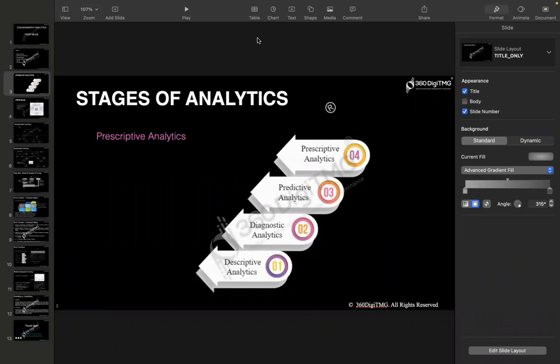The definition of prescriptive analytics is the use of advanced processing and tools to analyze data and content to recommend the optimal course of action or strategy moving forward.